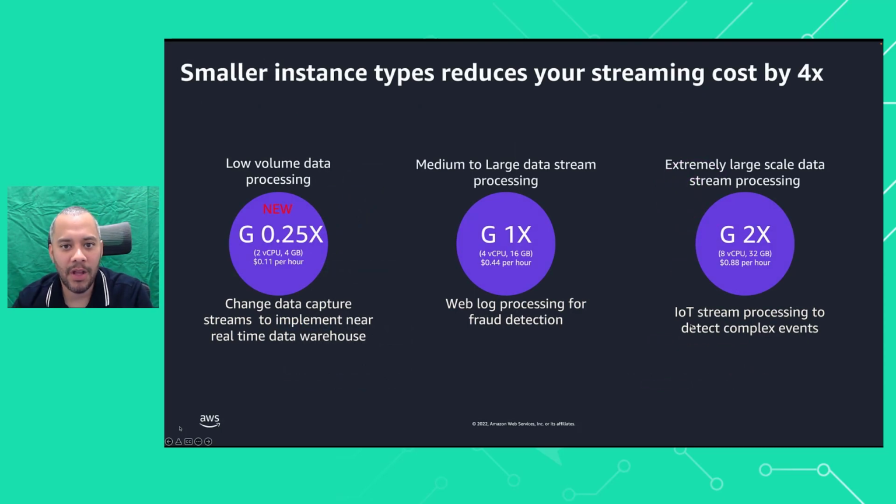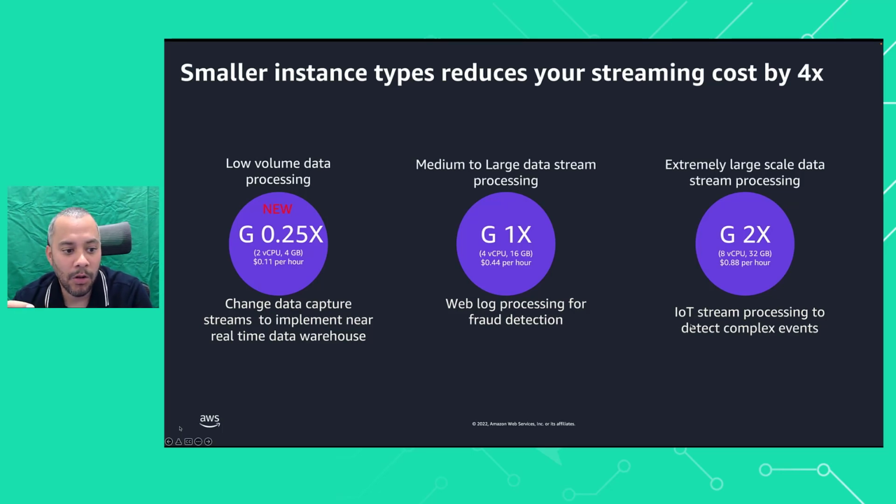Perfect. Now let's talk about streaming jobs. They can be costly. Why? Because in some cases we may need to have the ETL job up and running 24/7 in order to process the real-time data. That's why we released a new instance type, in this case the G.025X, that costs a fraction of the cost of a regular instance, in this case the G.1X. So what are the use cases that we can cover with this new instance type?